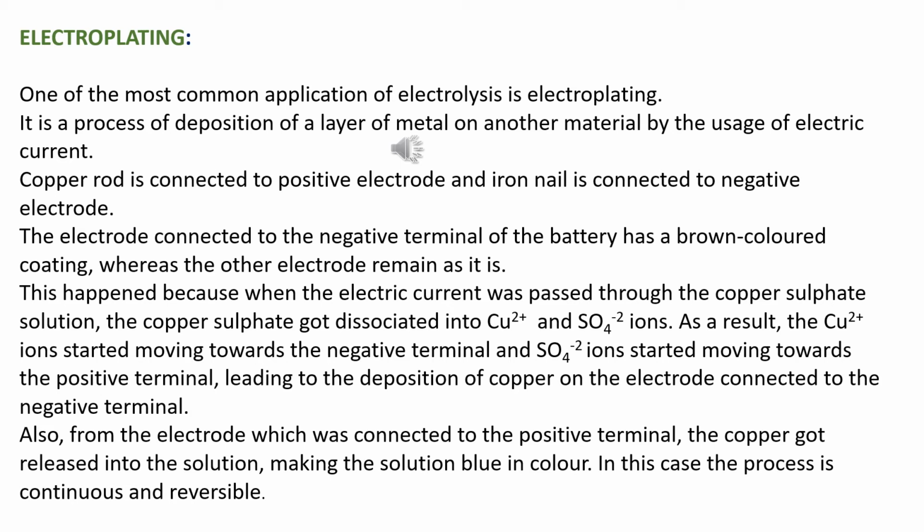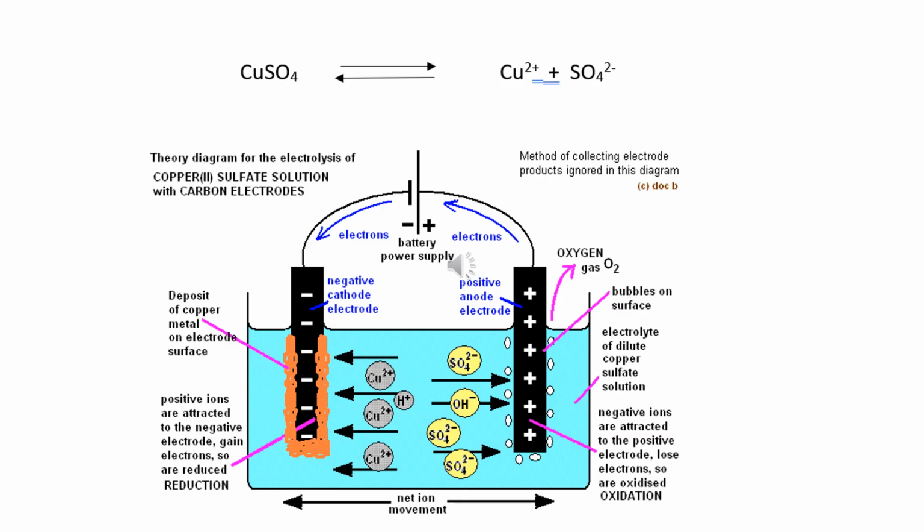In order to maintain the blue color of the copper sulfate solution, copper is released from the copper rod. So that maintains the process to be continuous and also reversible. Here it shows the copper sulfate dissociating into copper plus ion and sulfate minus ion, and again they combine and give you copper sulfate. This continuous process, we call a reversible process.